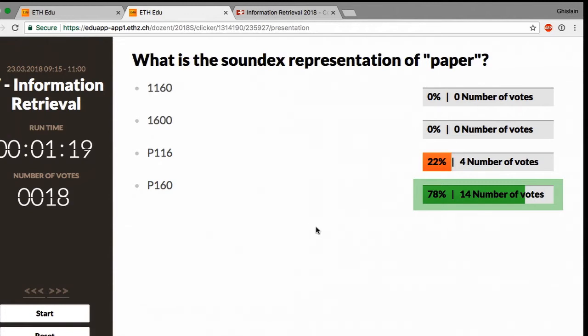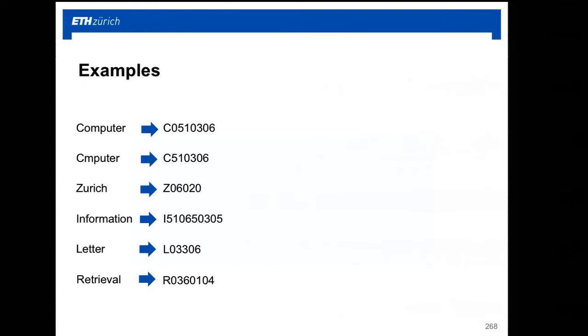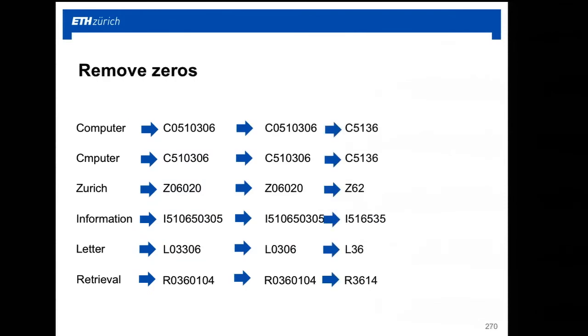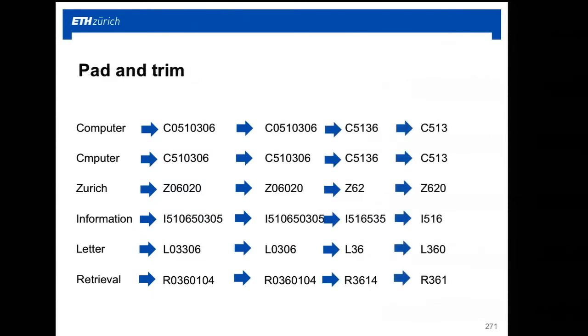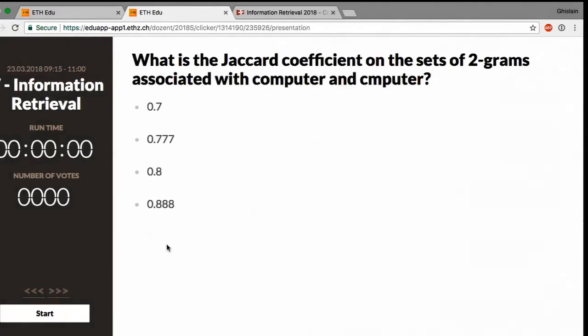So now, this is the end of that one, I think. On the last slide that I added, I actually had one more question to reactivate the Jaccard coefficient.